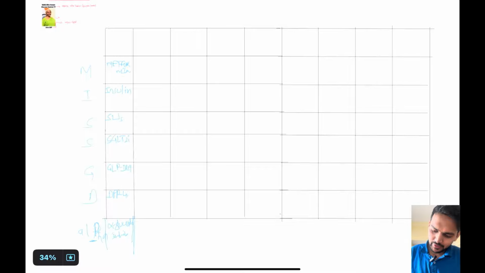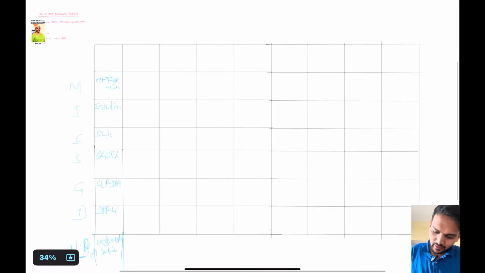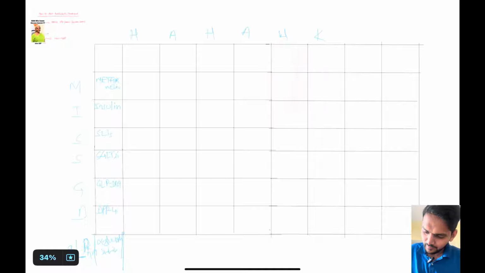And what are the factors which we have to consider? As we told, it is who knows glucose control. So according to that, H stands for heart. A is any atherosclerotic events.